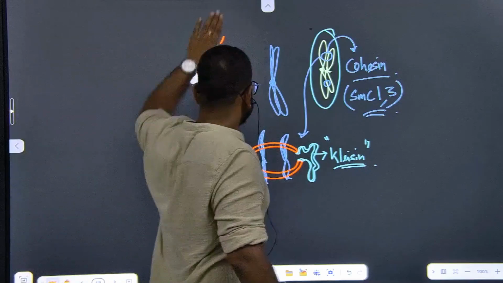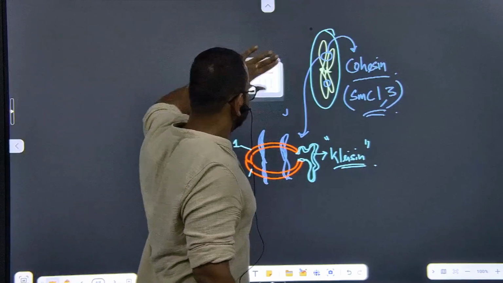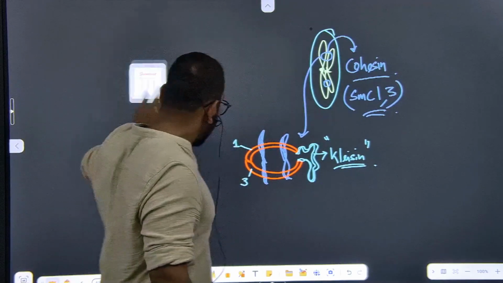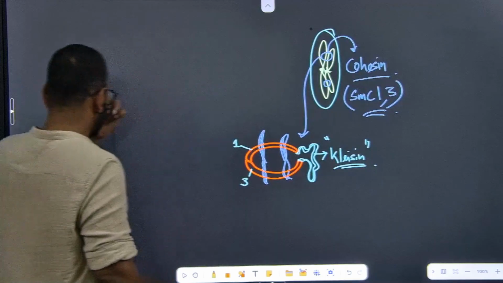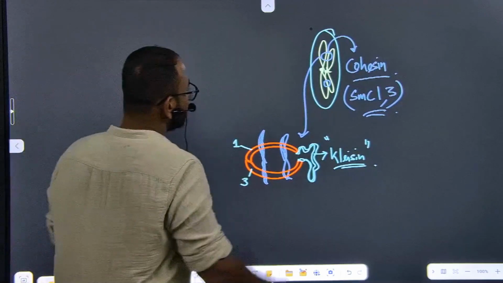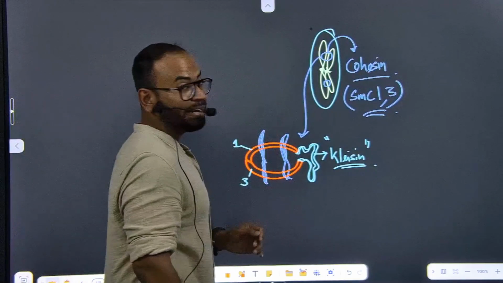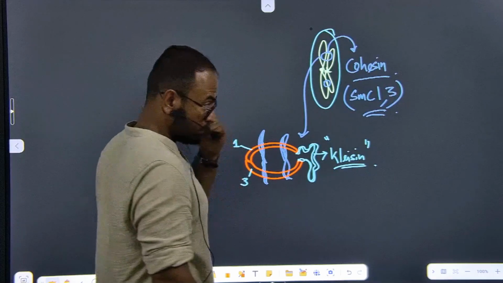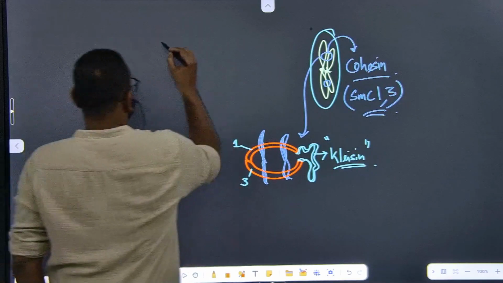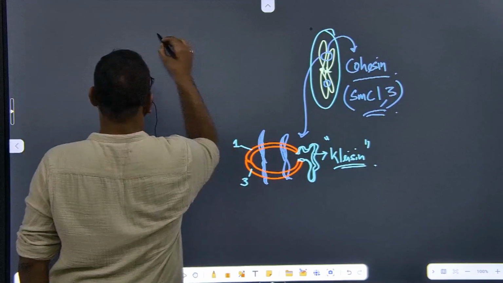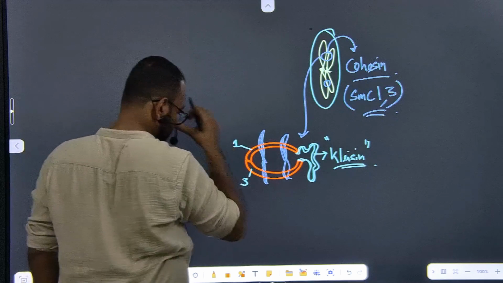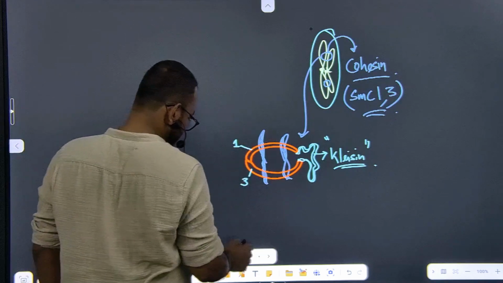Now coming to the fact how these two chromatids get separated. There lie two distinct kinases.